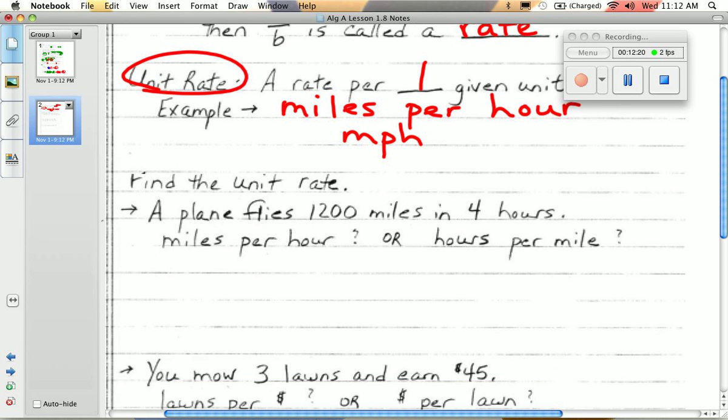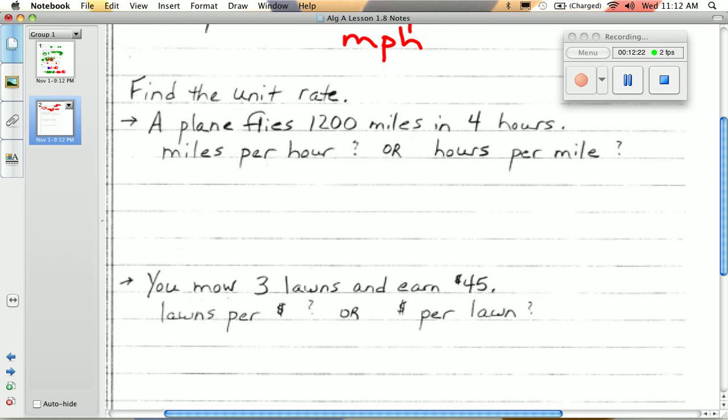So here's one where we're going to find a unit rate. A plane flies 1,200 miles in 4 hours. Well, do we want to set up miles over hours or hours over miles? Which makes more sense? Miles per hour. We want the miles on top and the hours on the bottom.